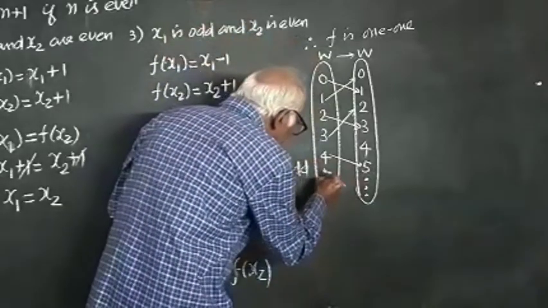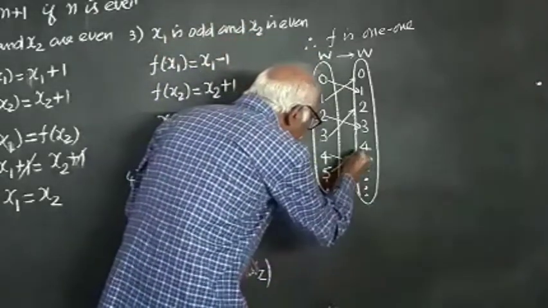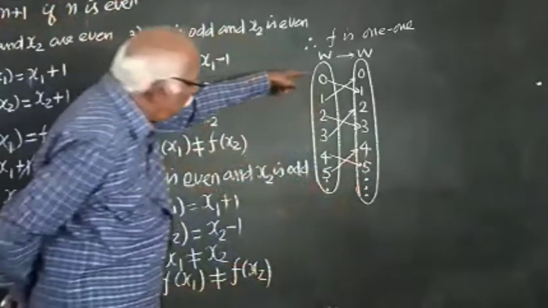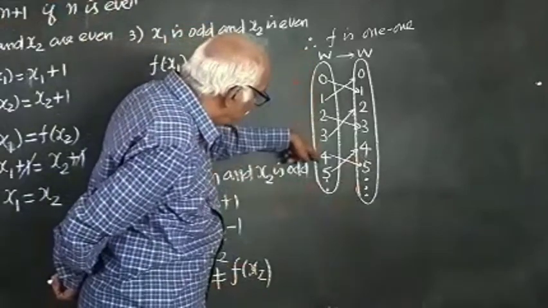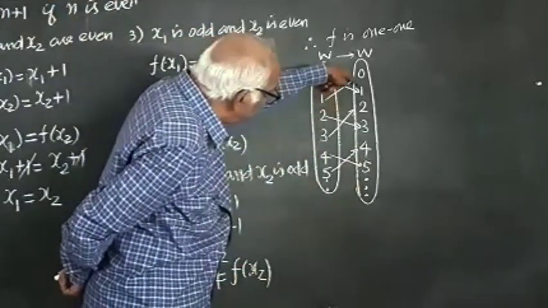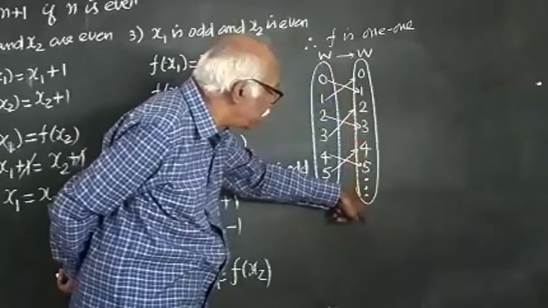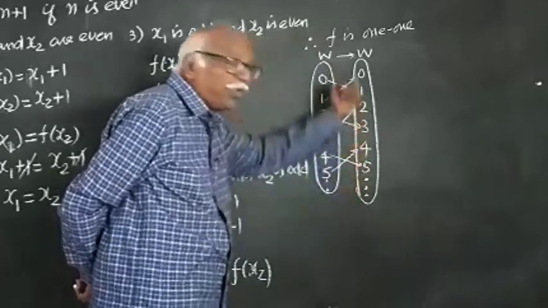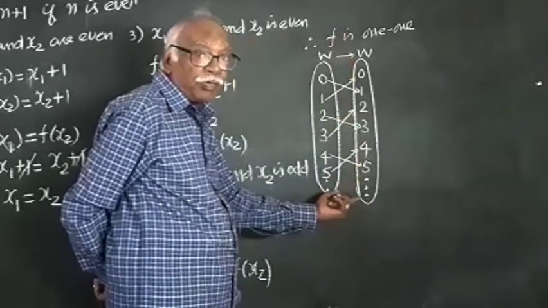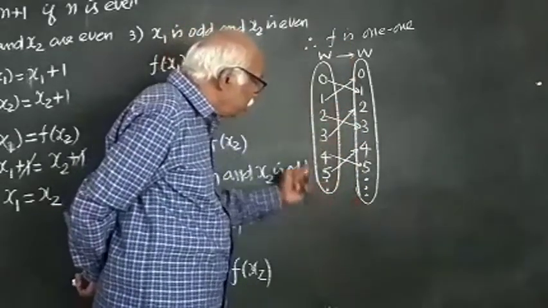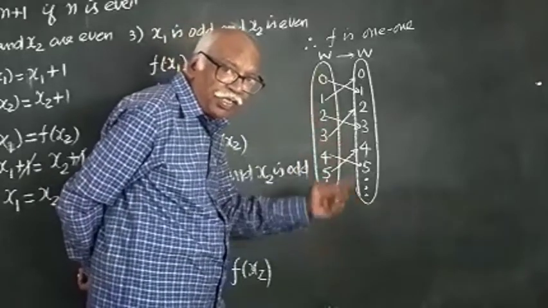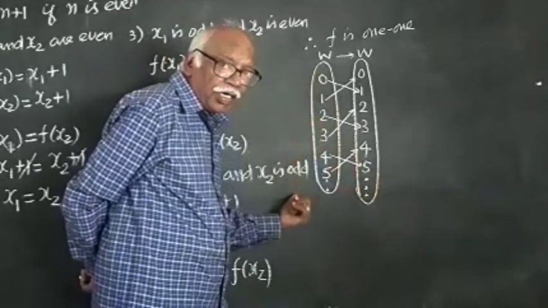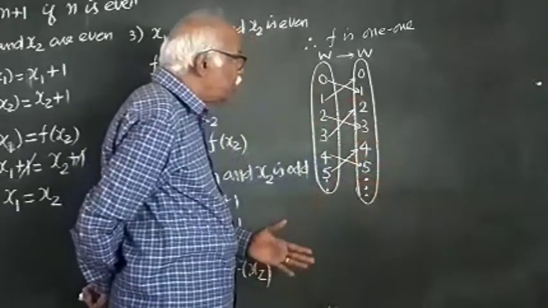Then 5 is odd, so 5 maps to 4. All even numbers 0, 2, 4 in the domain set are mapped with the odd numbers in the codomain set. All odd numbers in the domain set are mapped with the even numbers in the codomain set.